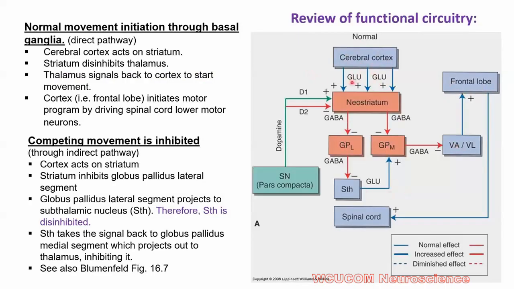The first way is the direct, stimulating motor programs, and the other way simultaneously is the so-called indirect, using subthalamic nucleus and all the way back to cortex, doing the opposite, which is to restrain movement so that normal movement, desired movement, is in fact initiated and competing and confounding other motor programs are simultaneously inhibited.